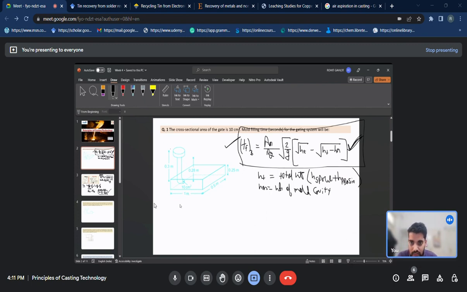From this figure, the area of the mold or the cast that needs to be filled can be directly calculated. So the area will be simply 1 multiplied by 0.5, which comes to 0.5 meter square.